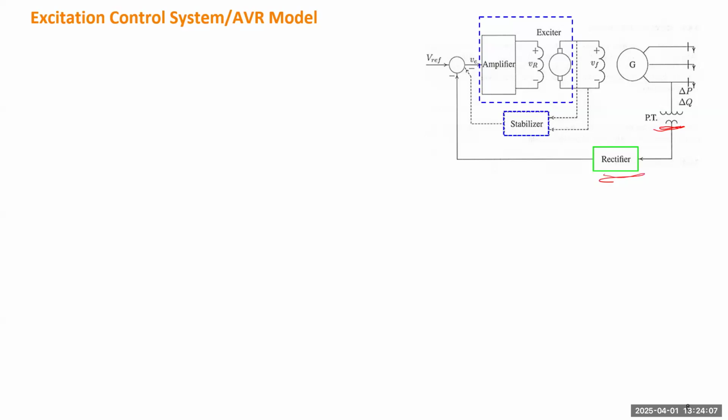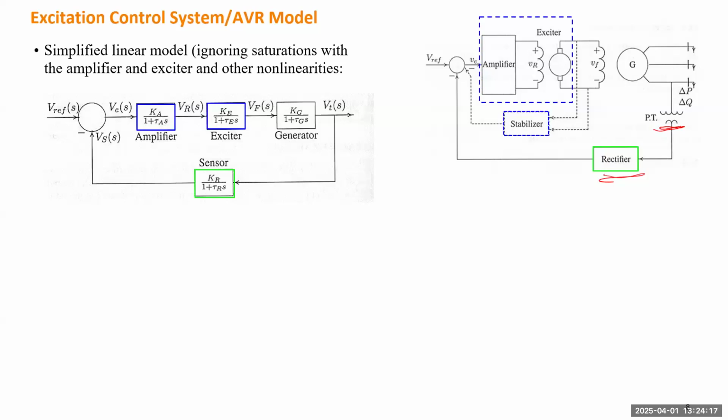The rectifier still gives you a voltage signal, but DC, and you can give it to your control system as the feedback. Here there are also stabilizers. This stabilizer is not a power system stabilizer; it's just an internal stabilizer to increase the stability of this excitation system.